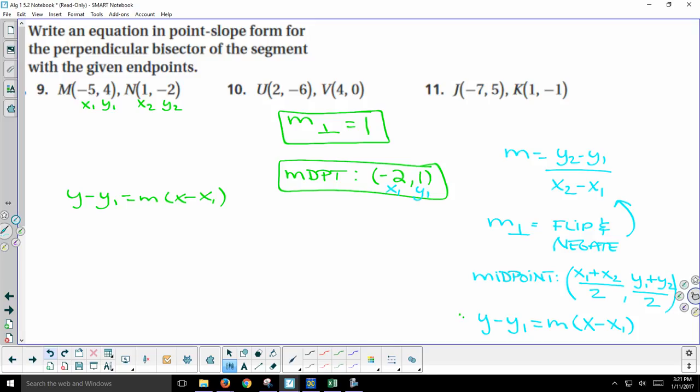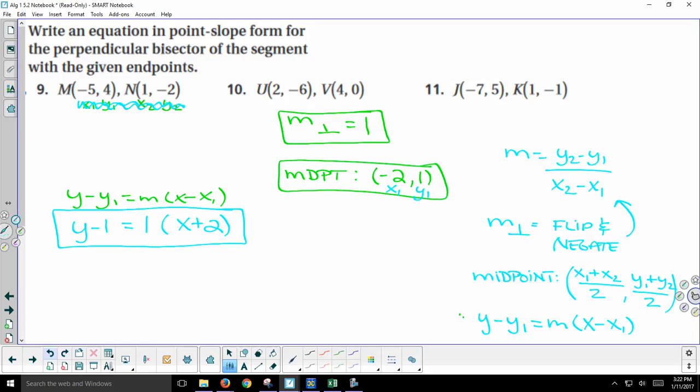So y minus y1 is y minus 1 equals, my slope is 1, and x minus x1, I have x minus a negative 2, which becomes x plus 2. And that is my final answer for number 9. I don't need to do anything else. I like to have the one written outside of the parentheses.